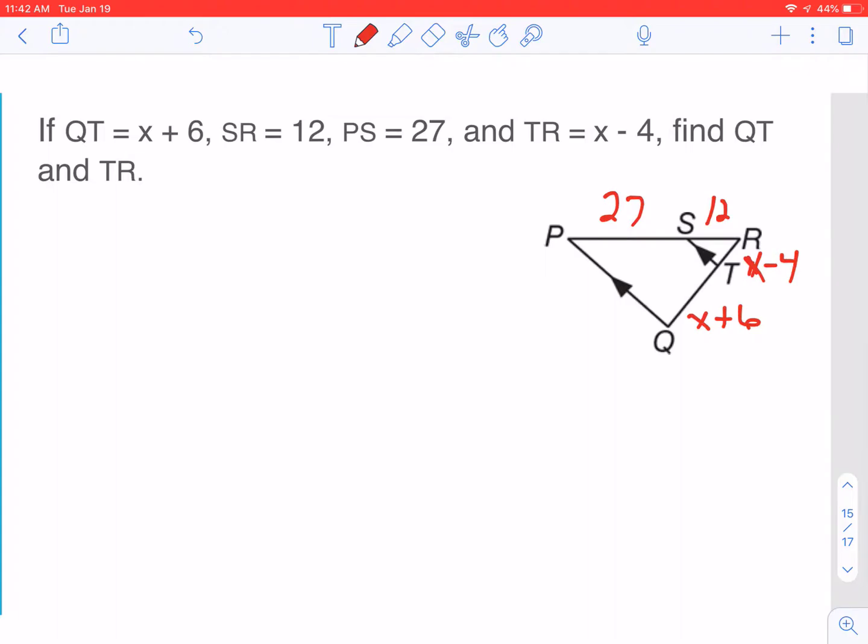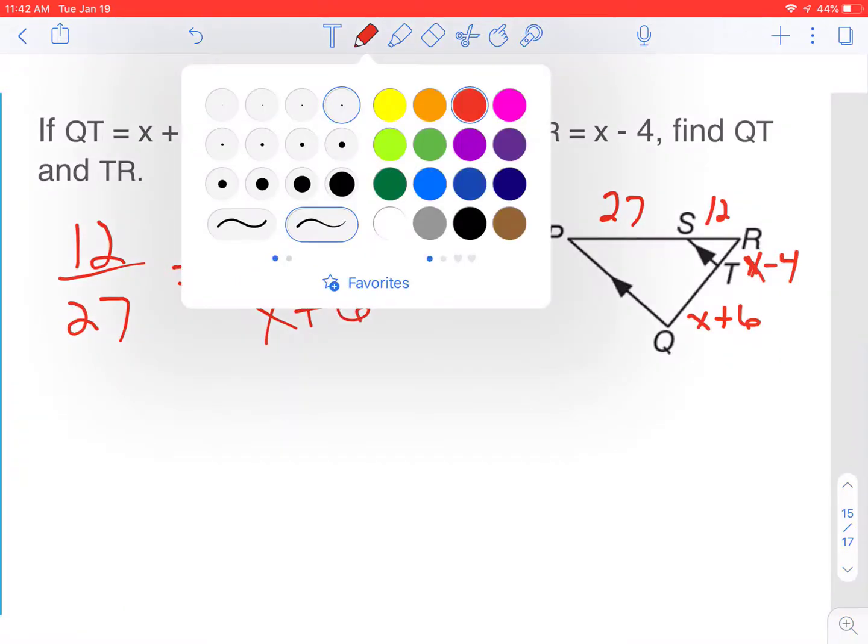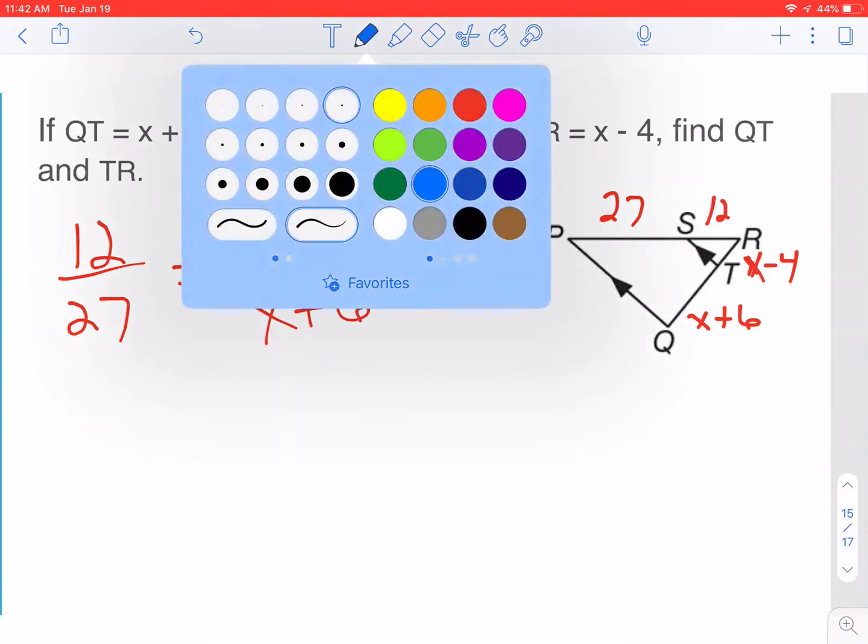So I'm going to set this up for you and see if you guys can solve. 12 over 27 equals x minus 4 over x plus 6. Go ahead and solve that.